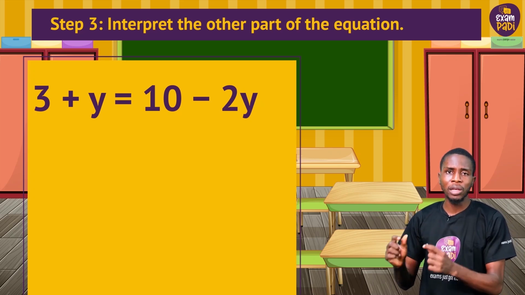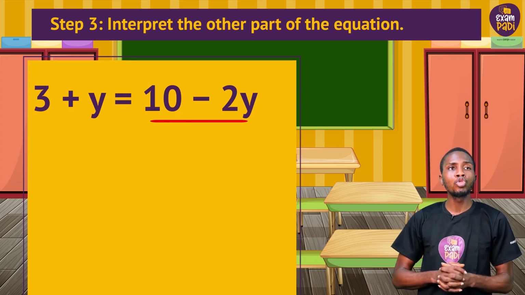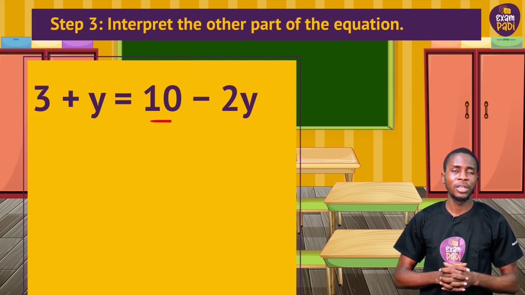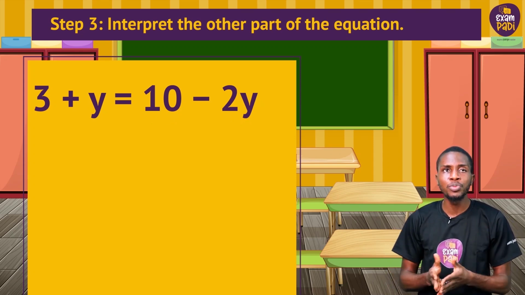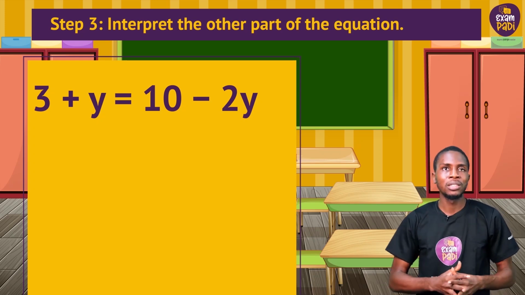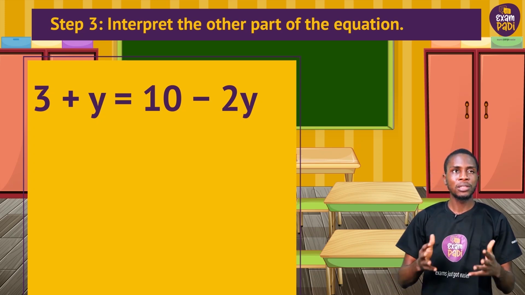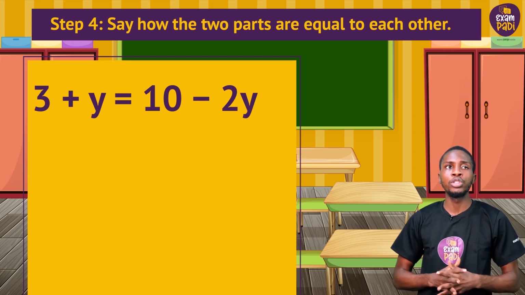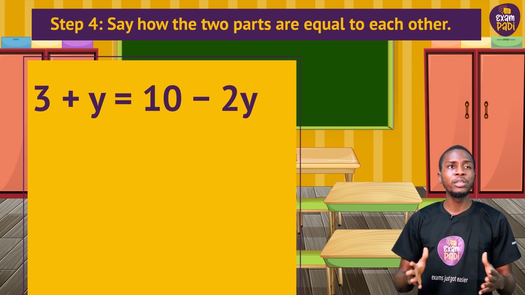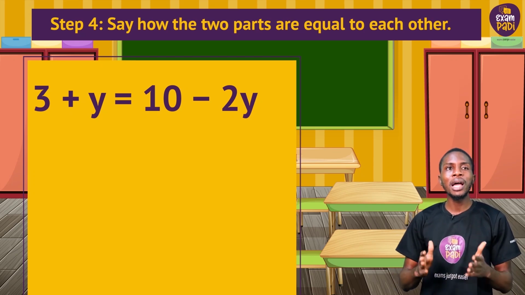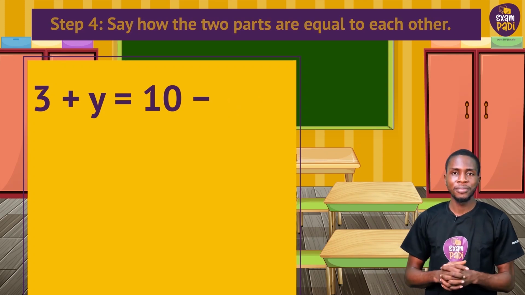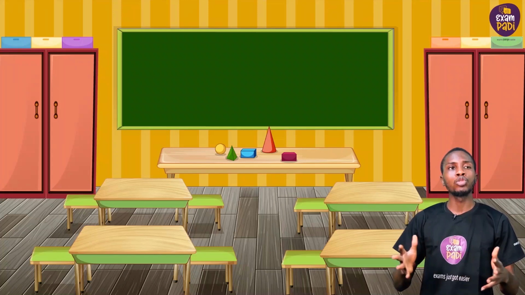Interpret the other part of the equation. 10 minus 2y means we subtracted twice the number from 10. We can also say it is the difference between 10 and twice the number. Step 4. Say how the two parts are equal to each other. When we add 3 to a number, the answer is equal to the difference between 10 and twice the number. Let's take a look at how to solve equations.